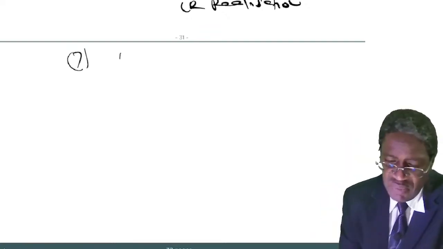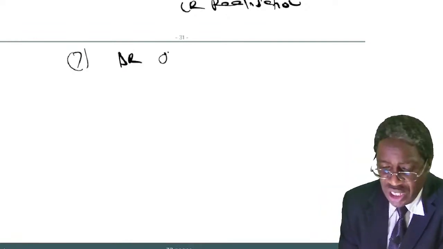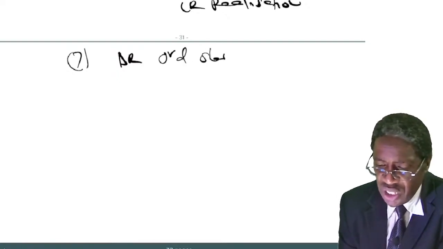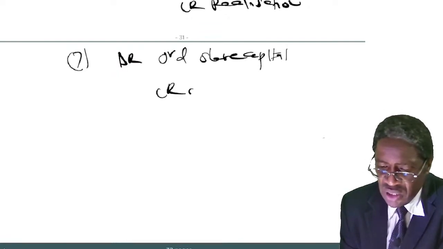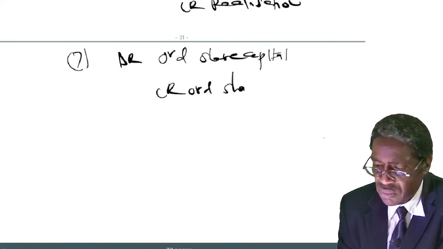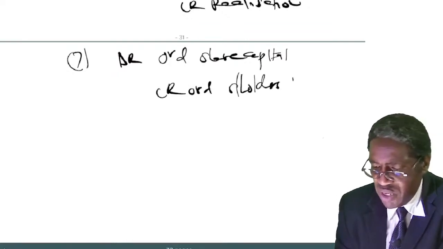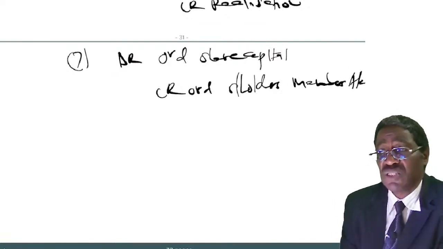Okay, we debit ordinary share capital. Remember, it's the one we are closing. Debit ordinary share capital, and we credit ordinary shareholders members account.